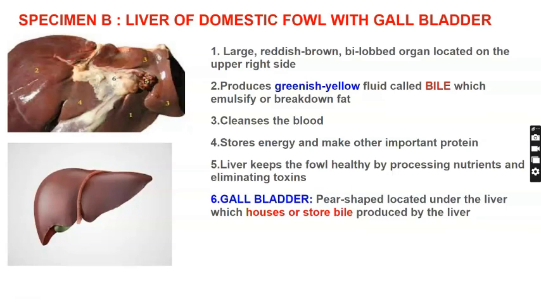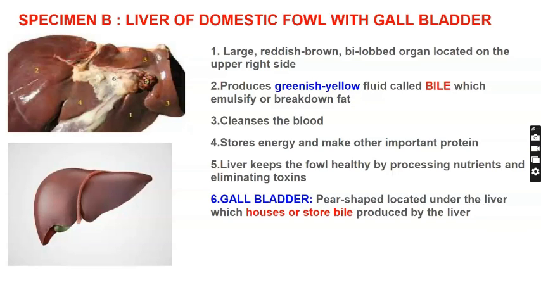Then one of the major or the primary functions of the liver you should note is that it produces a greenish yellow fluid called bile. Yes, this bile helps to break down or emulsify the fat we have eaten. Also, the liver cleanses the blood, it stores energy, and also produces other important proteins.